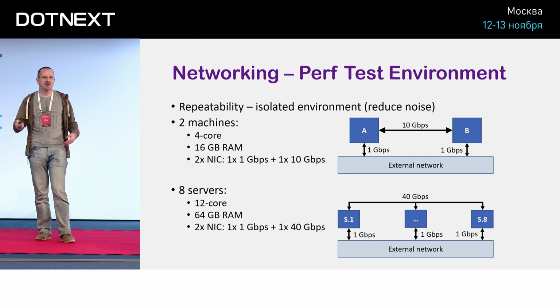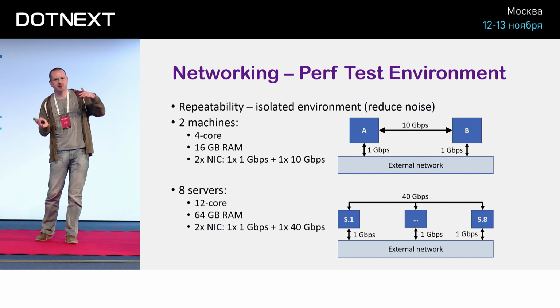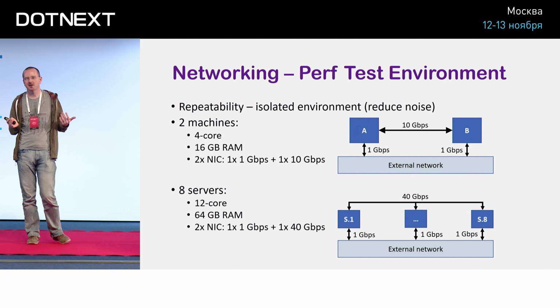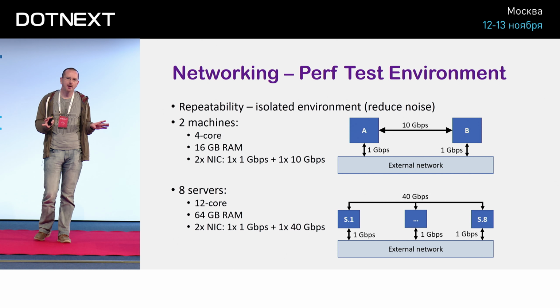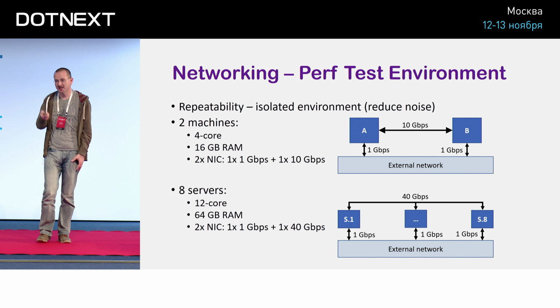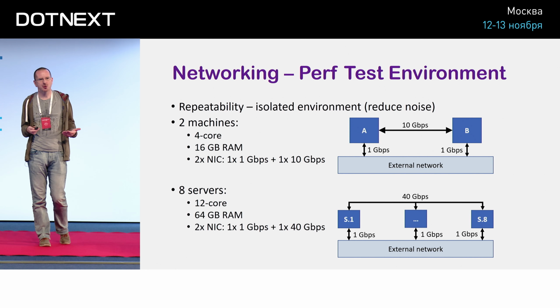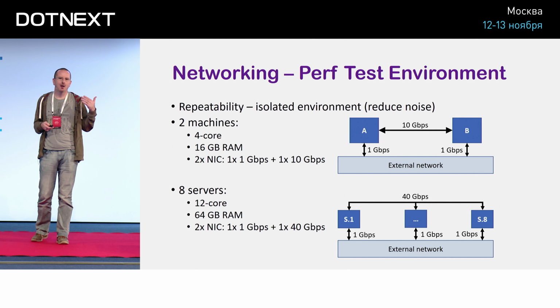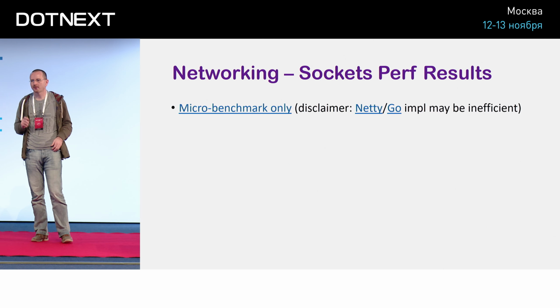If we find out that, for example, around 20 gigabits it starts to get weird and we're not working well, we might say, for now it's fine, but let's make sure that eventually we address that. That's something we want to be aware of. That's why we are running even micro benchmarks on very beefy networks.